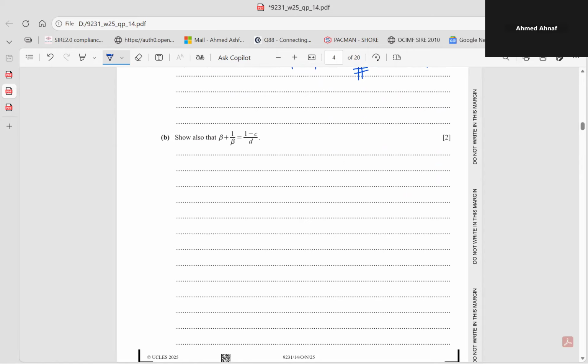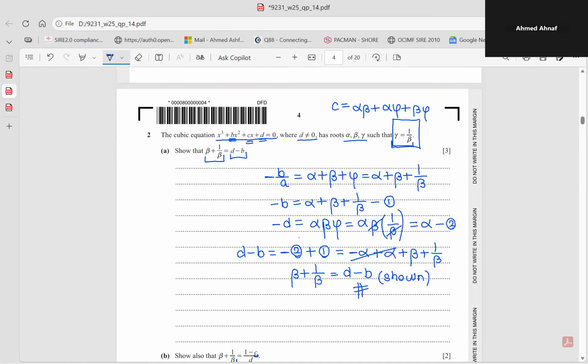All right, so now we're also supposed to show another result, again for beta plus 1 over beta, but this time we have to do it in terms of c and d. So obviously by now you should know what that means. We have to find an expression for c as well in terms of the roots. Just like what I said in the previous part, it's c over a.